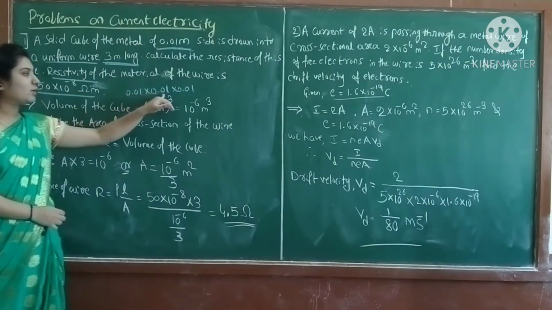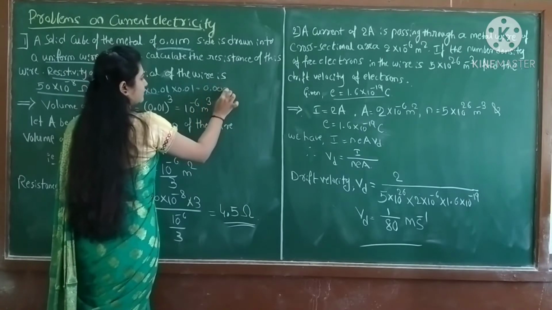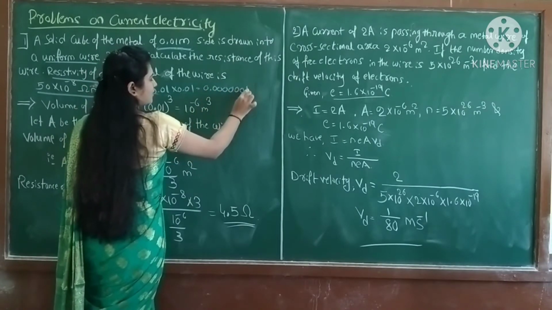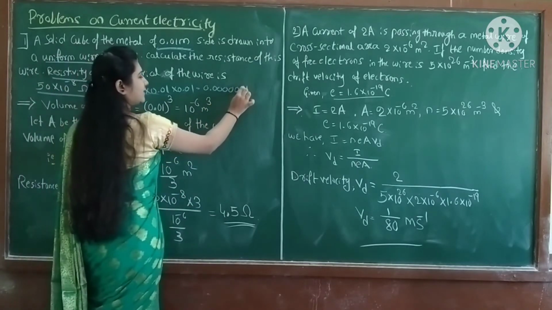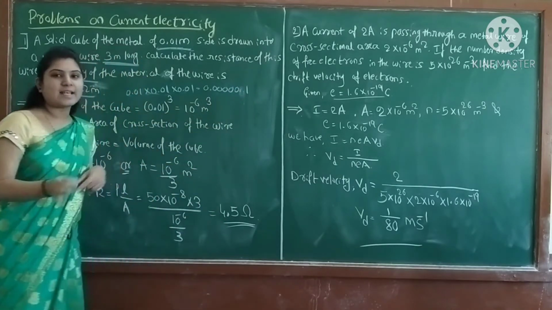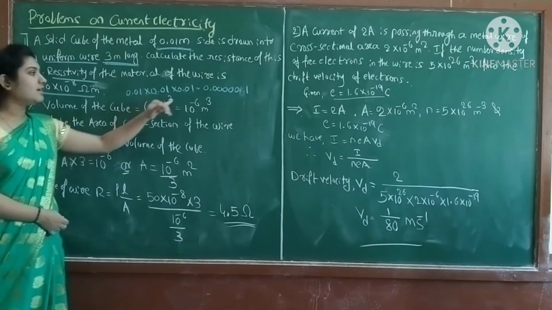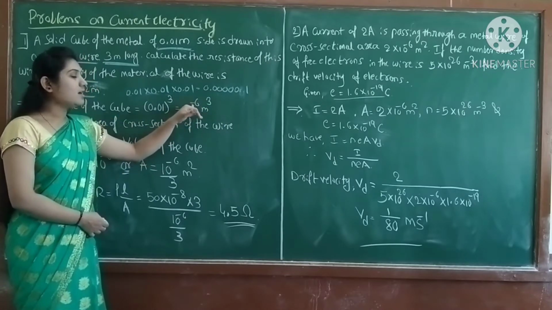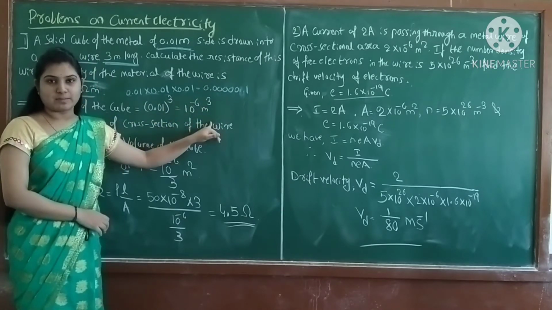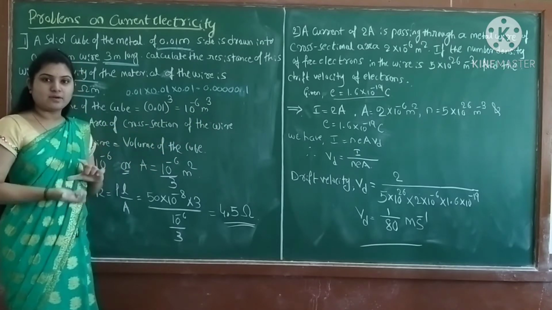Just calculate it in your calculator and you will get the value. So it becomes 10 to the power minus 6 meter cube. Just for solving purposes I converted it.